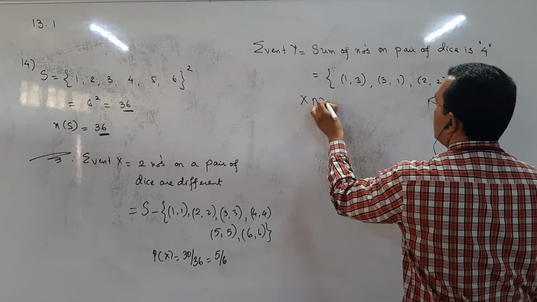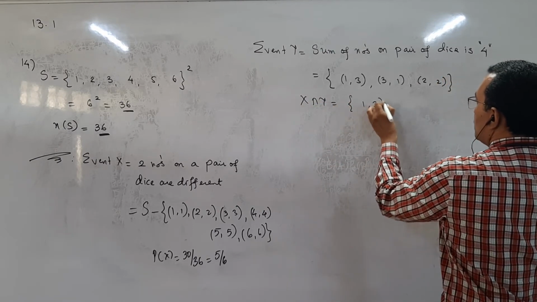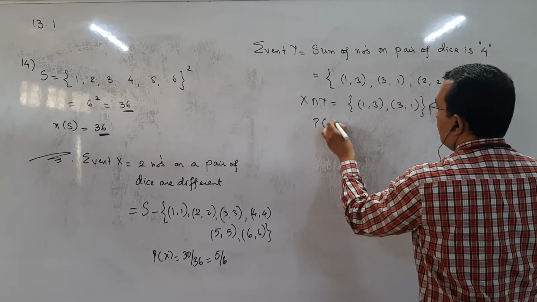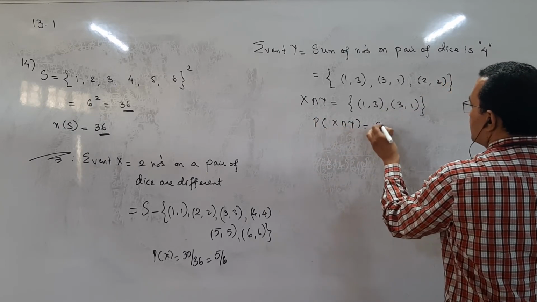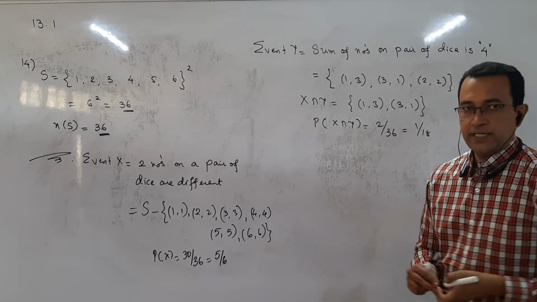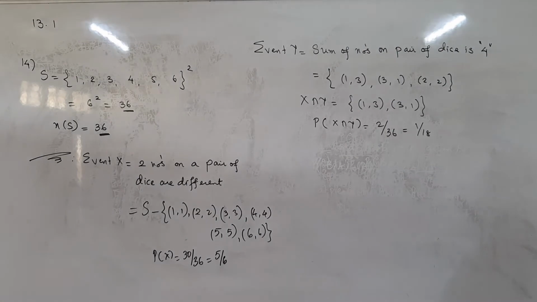So x intersection y will be 1,3 and 3,1, and therefore the probability of x intersection y is 2 by 36, and that works out to be, students, 1 by 18. This is very, very important, students.